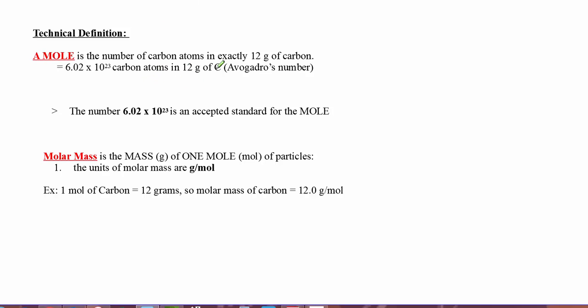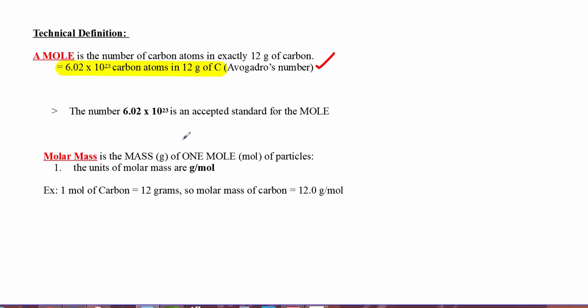In exactly 12 grams of carbon, there are that many carbon atoms. And so Avogadro, who is the scientist who experimentally determined this number, the number is often named after him as well. So we call this Avogadro's number, and it's the accepted standard for the mole.